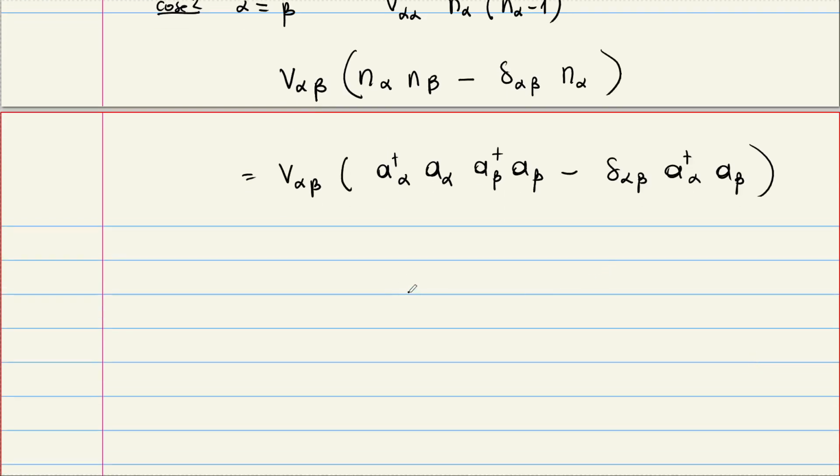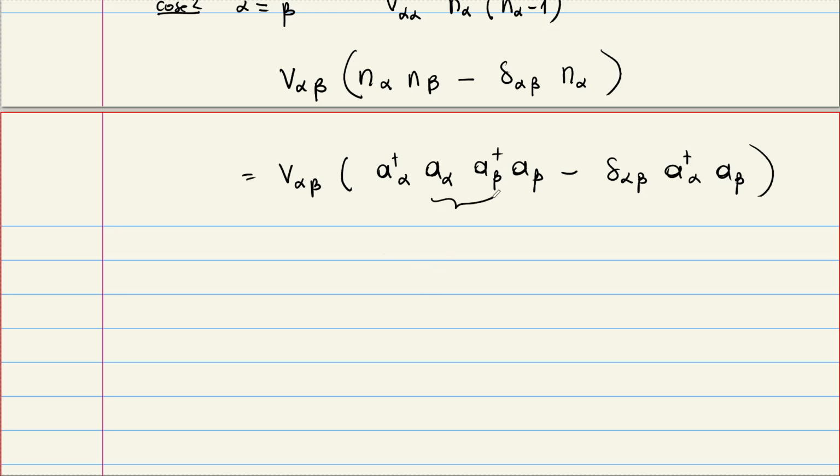And it is preferable to write this entire thing in such a way that the a daggers are on the left and the a's are on the right, because we are going to act on the coherent state with this thing, and the coherent state likes all the a's on the right, all the a daggers on the left, because a coherent state is an eigenstate of the a's. That's how we did it at least last week in the single particle picture.